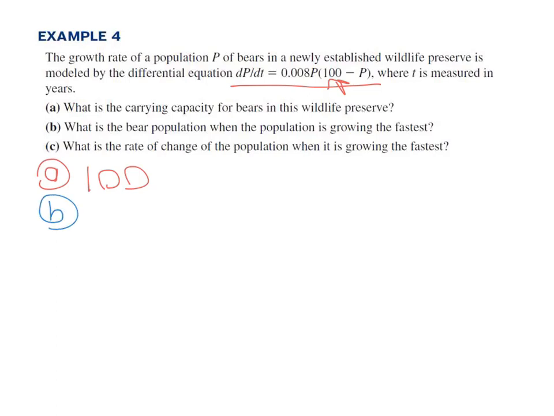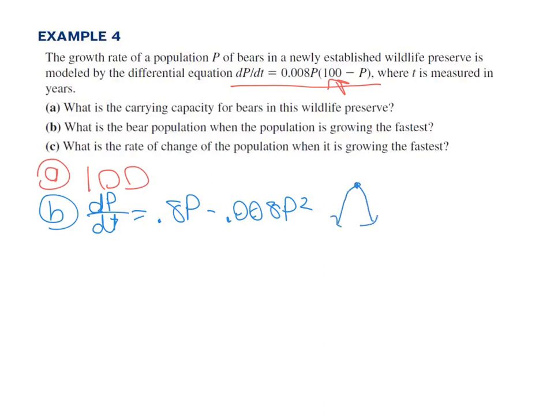For B, what is the bear population when the population is growing the fastest? What you want to think about here is your equation. So dP over dt is equal to 0.8p minus 0.008p squared. What we have is a parabola. It opens down, so it's something like this.